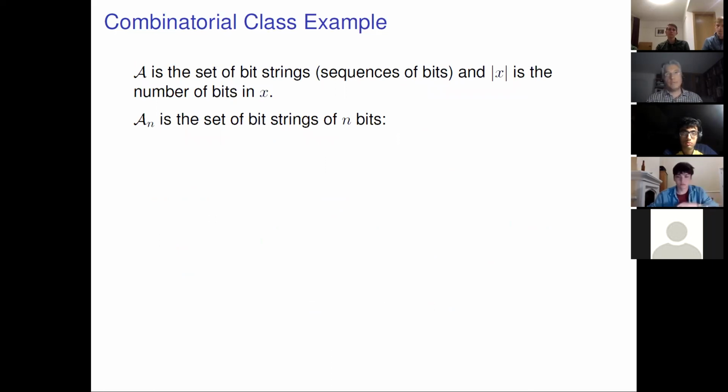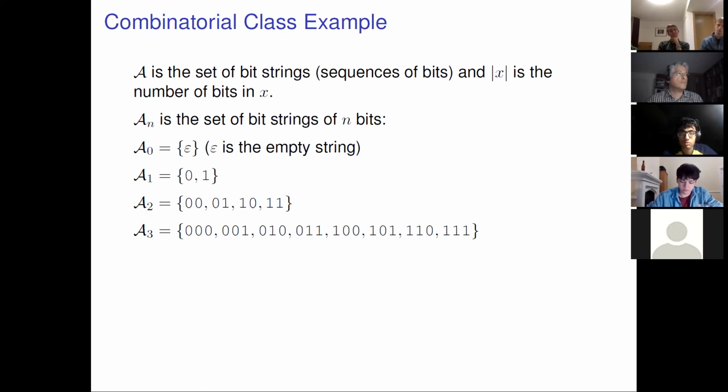As an example, trivial. All my examples are pedagogical or toy examples in this talk. Okay, so let's say A is the set of bit strings. So A sub n. Here are the very first examples.